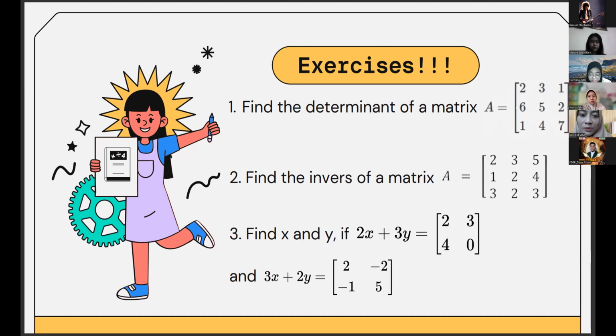Anybody wants to answer number 1, maybe? Okay, you can see on our group, Nirmala wants to answer number 1.